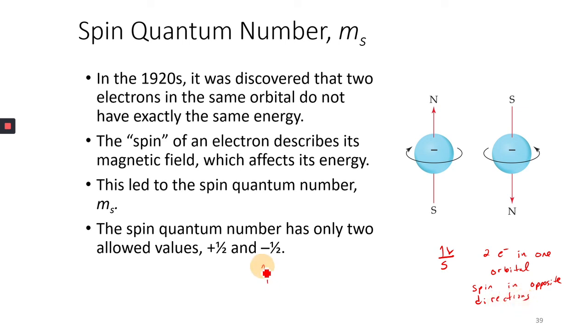And we call the up arrow plus a half, and the down arrow minus a half. And it's not really a full arrow, it's like a half arrow. Okay, you can't have 2 electrons in the same orbital spinning in the same direction.